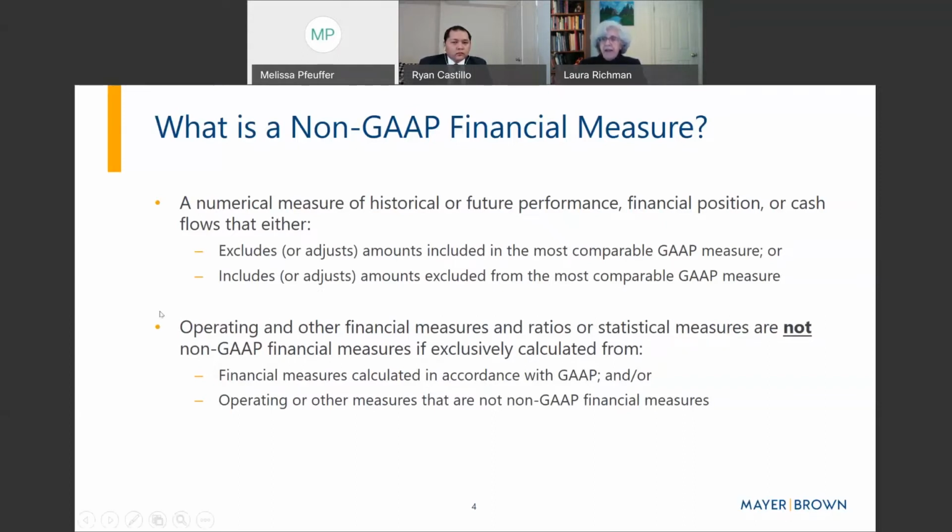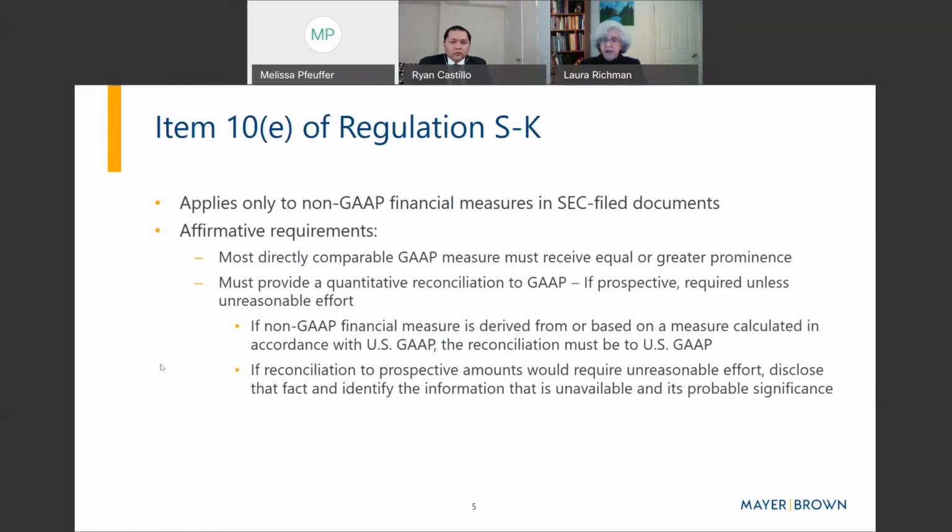Slide 5. The SEC provides two sources of non-GAAP financial measure regulation. One is Item 10(e) of Regulation S-K, and that applies to non-GAAP financial measures that appear in SEC filings. You also have Regulation G, which applies to all public statements made by SEC reporting companies that contain non-GAAP financial measures.